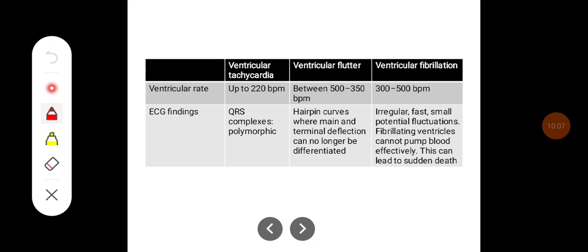Coming to the differences between the ventricular tachycardia, flutter, and fibrillation, the rate in tachycardia is around 220. In flutter, it is between 350 to 500, and in fibrillation, it goes up to 500 beats per minute. Whereas in ventricular tachycardia, the QRS complexes are polymorphic.